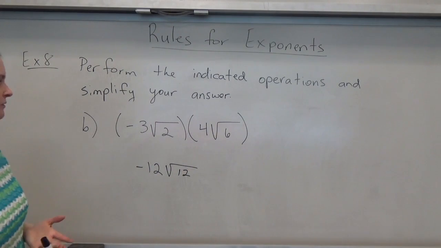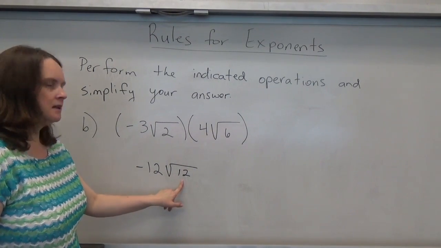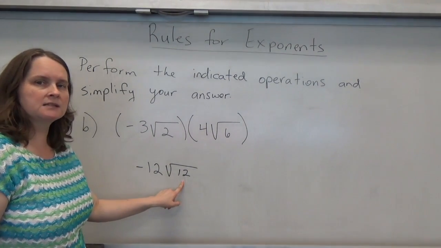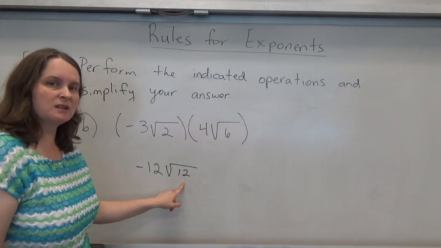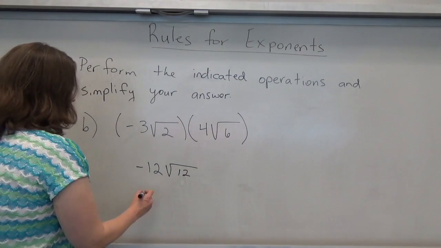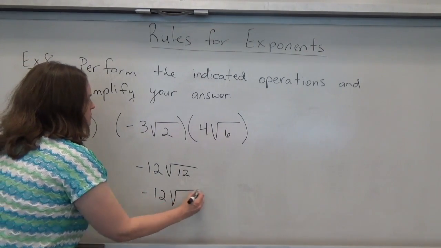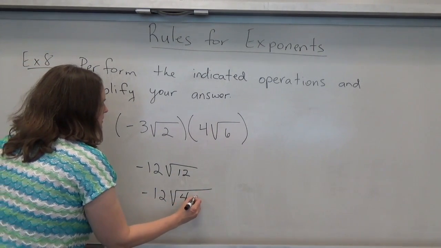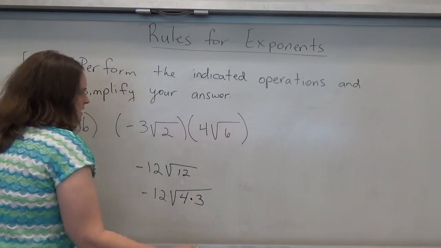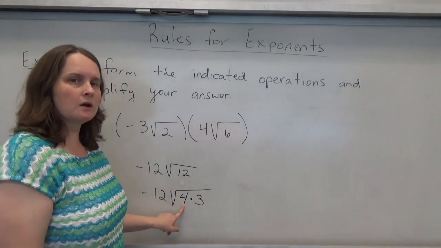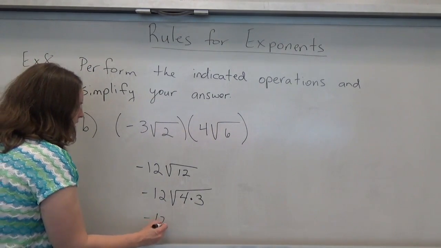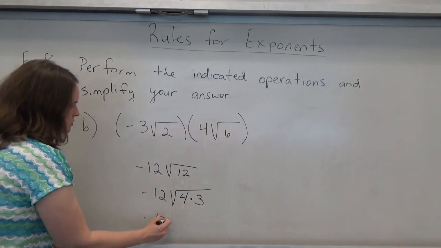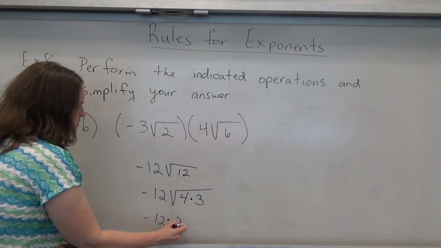Can we take this any further? We want to think about what we can do with our 12 on the inside of the radical. 12, as we saw in the previous example, can be written as 4 times 3. So we've got negative 12 times the square root of 4 times 3. This helps us, again, because 4 is a perfect square. So we can go ahead and say that this is negative 12 times the square root of 4, which is 2, so we multiply by 2.